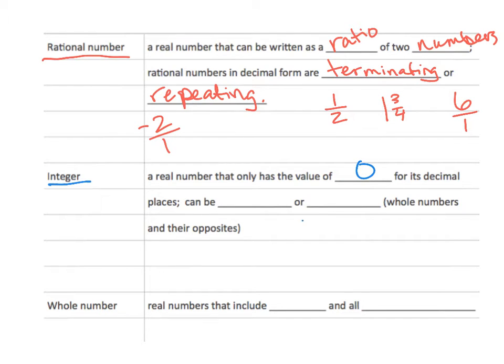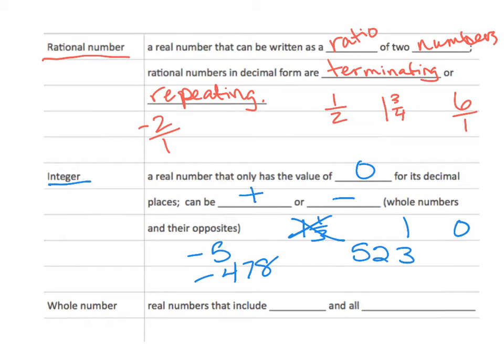So 1 1/3 is not an integer. 1 is an integer. 0 is an integer. -5 is an integer. 523 is an integer. -478 is an integer. Nothing after the decimal point. That's where 0 comes in for its decimal places. It can be positive or negative whole numbers and their opposites.